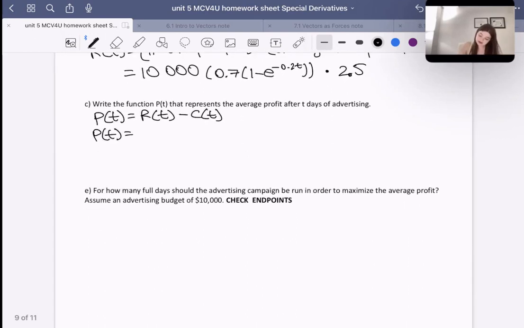If we multiply the 10,000 and the 2.5 and the 0.7, I can say this is 17,500. Yeah, 17,500, I think. Let's see. No, that isn't right, or is it? No, it is 17,500. Yeah, if we multiply here, here, and here together, times (1 minus e to the negative 0.2 t), like that. There we go. So let's write that in.